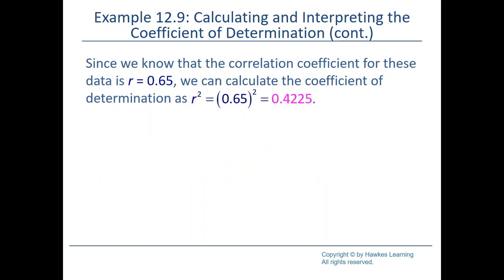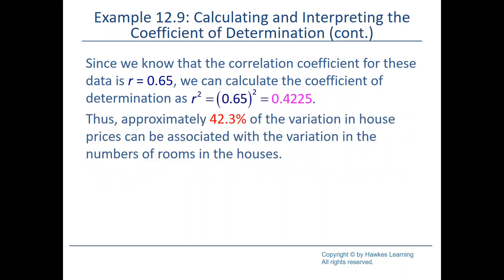So basically just take R and square it. They gave us R equals 0.65, so I square that and get 0.4225. Remind yourself that in percentage form, 42.3% of variations in the housing prices can be associated with the variations in the number of rooms in the houses themselves.